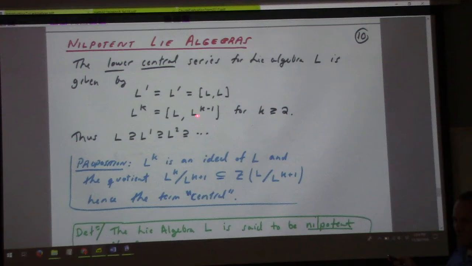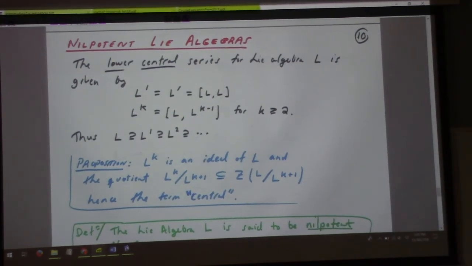The lower central series is L with L1, L2, L3, and so forth. So LK is L with LK minus 1, but just the second one, not both of them. It's a different series than the derived series we were looking at. And proposition: LK is an ideal of L, and the quotient of LK and LK plus 1 is contained in the center of the quotient of L with LK plus 1. That's why it's called a central series.